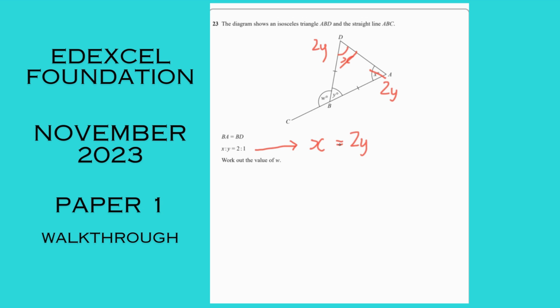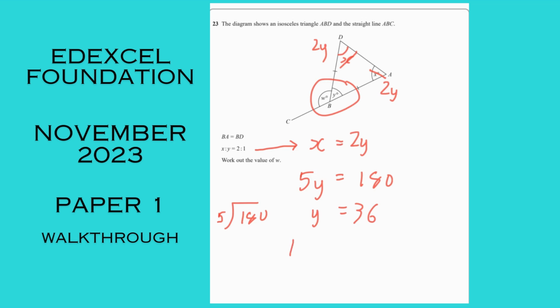So in this triangle, we have 5 y's making 180. And if you want to do mental arithmetic, or if you want to do bus stop, your choice, as long as you get y to be 36. But that's not the answer, because we want w.